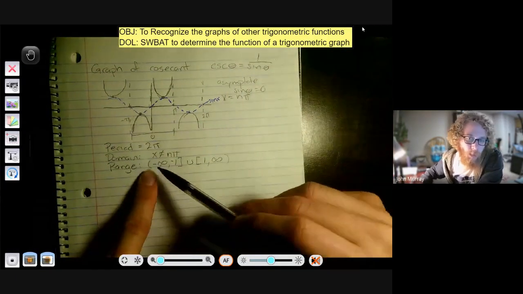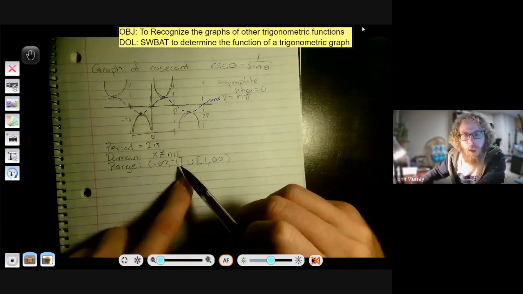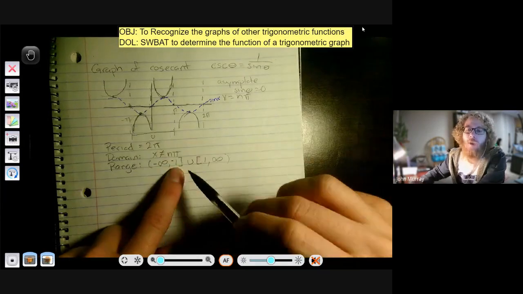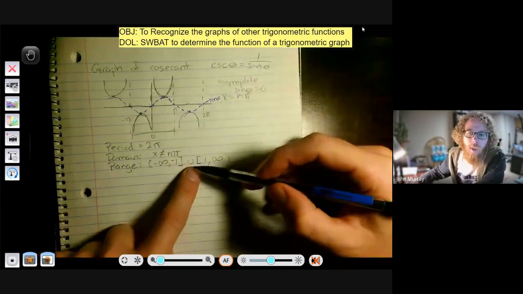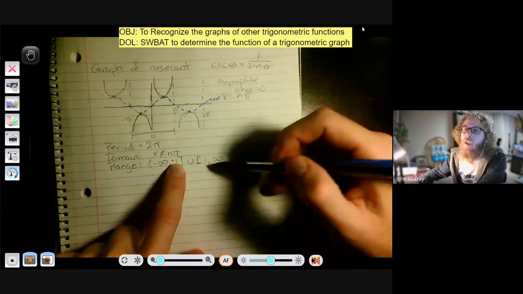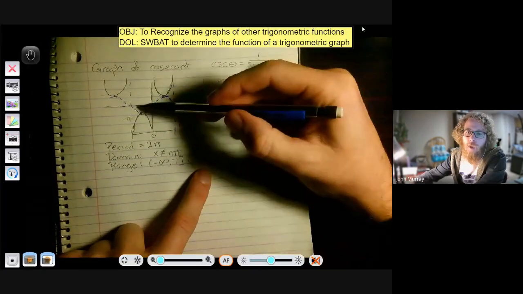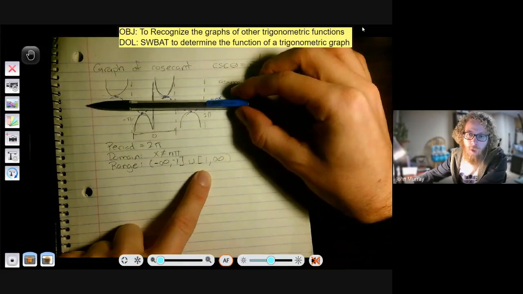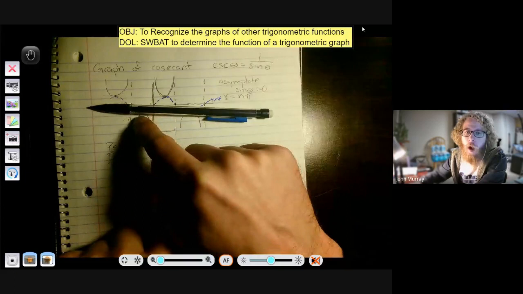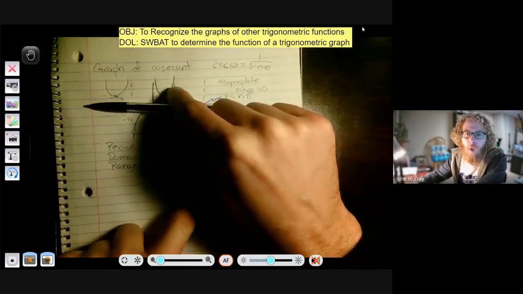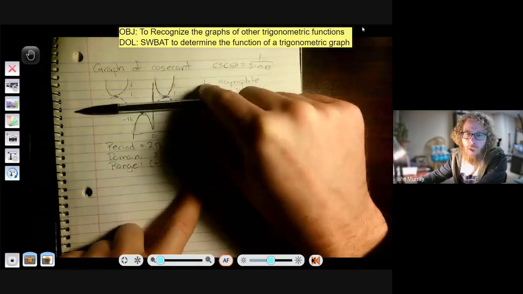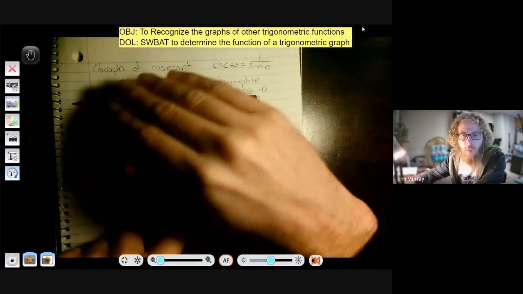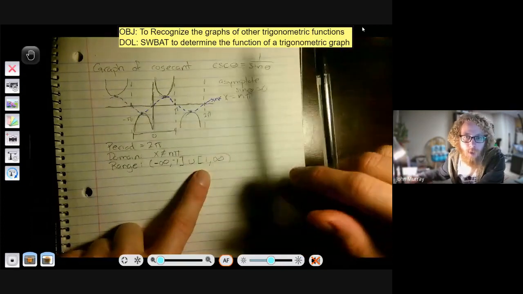Remember, I use the parentheses with negative infinity because we can't equal negative infinity. I use the bracket with negative 1 because it can equal negative 1. We're not going to have any answers in between negative 1 and 1. So if I took out this blue dotted line, my graph will never go above negative 1, but it won't ever go below positive 1. It's allowed to be outside of that range, but nothing in between, nothing where the sine function is.